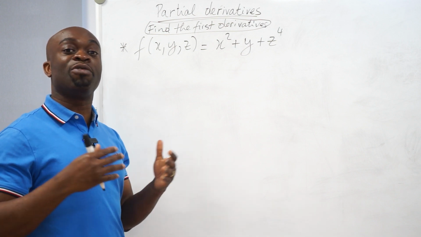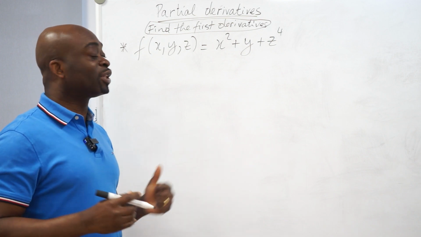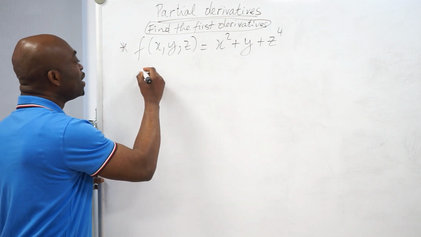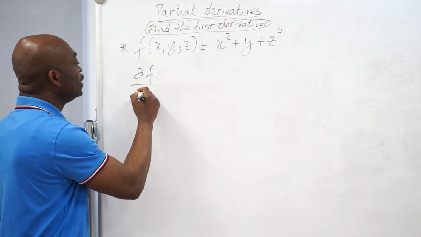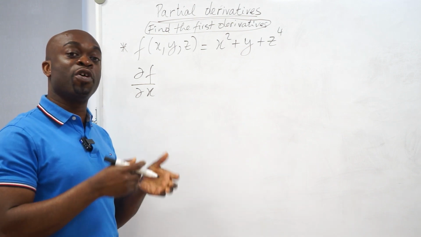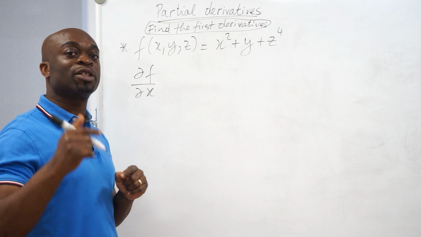So we're going to use derivatives. Now, when we say the first partial derivative, what does that mean? Let's say this is the notation with respect to x, for example. We're trying to find the first partial derivative of the function f with respect to x.